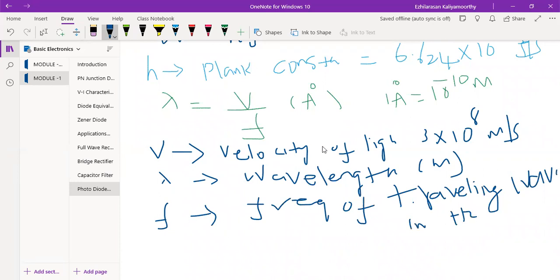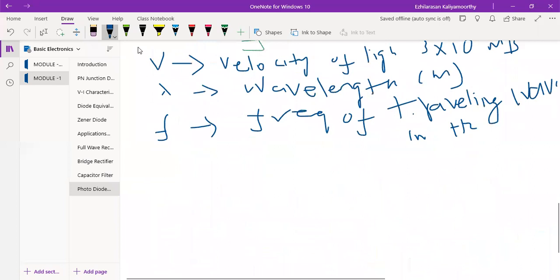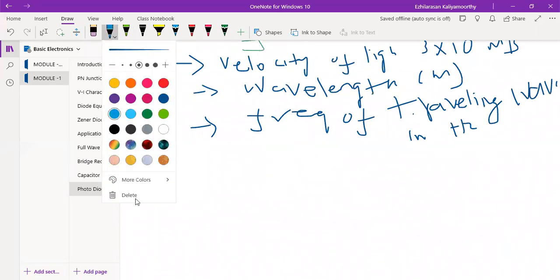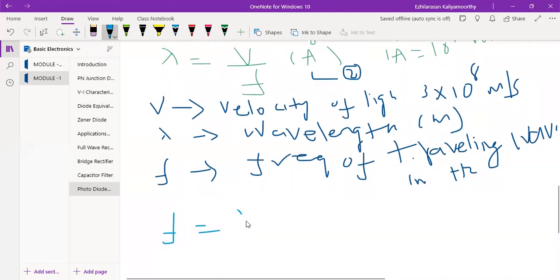Consider this as equation number 2. Now substitute this over lambda. f is equal to v by lambda.